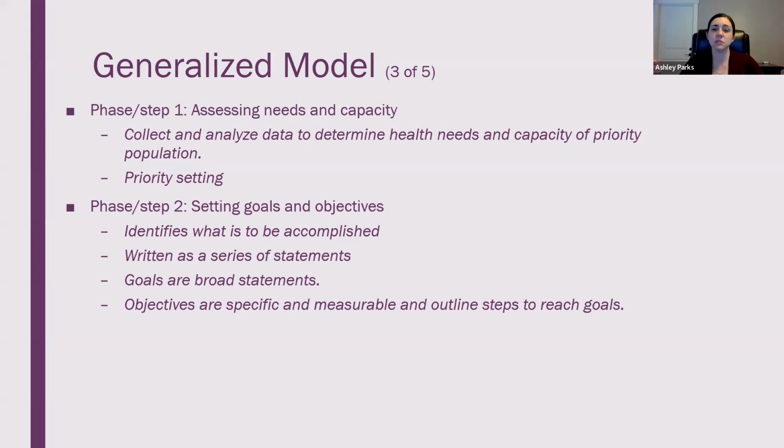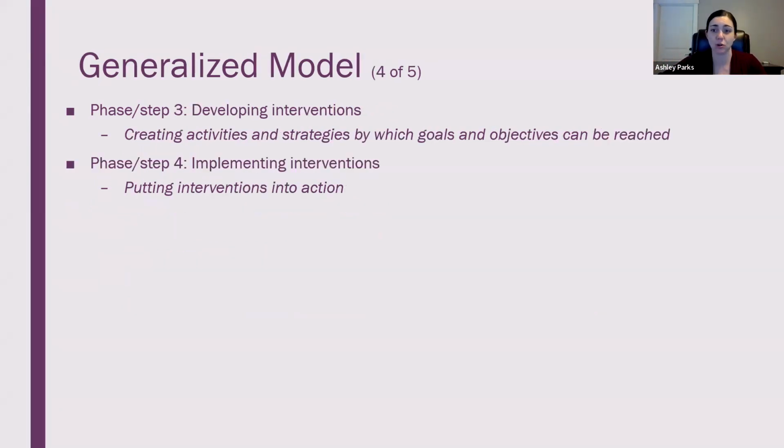We want to increase the rate of flu vaccinations in our community by 10% by the end of the fiscal year, by the end of the calendar year, by October 1st, 2027, whatever it might be. Those are objectives that are specific and measurable, and they give the goals a little more teeth, a little more measurability. So once we have our objectives, we start to design the intervention.